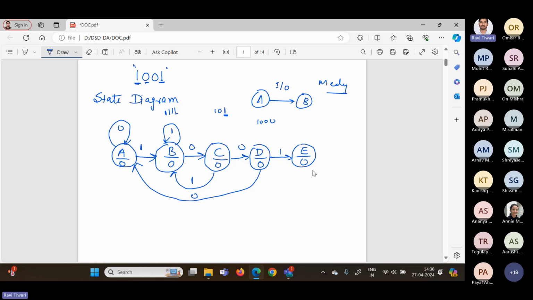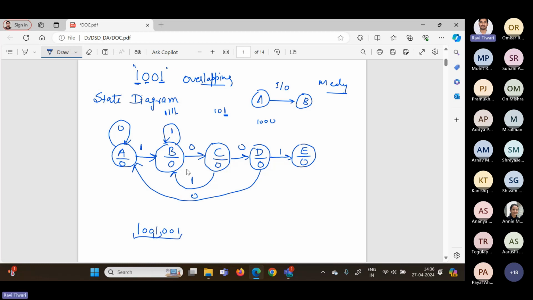Now you are in state E, then you have to think whether it's an overlapping pattern or a non-overlapping pattern. So first time I am doing it for the overlapping. So if it is overlapping, you have to check how many bits can be in overlap. If I write 1, 0, 0, 1, 0, 0, 1, there is a chance of a single bit overlap.